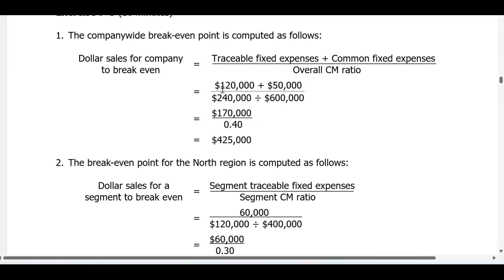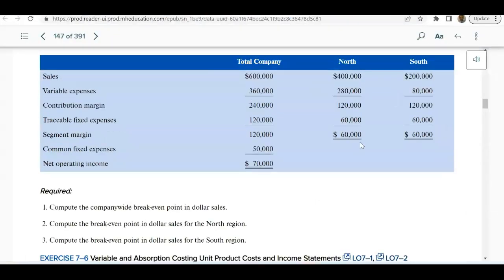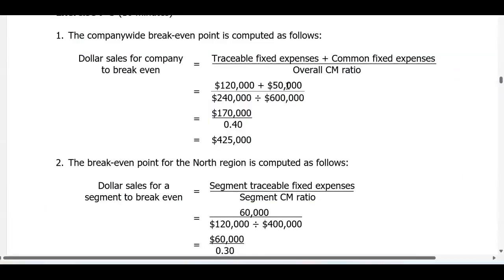Total fixed expenses: 60 plus 60 is 120, traceable fixed expense, plus 50,000 common fixed expense. That gives us total fixed expense of 170. Contribution margin ratio is the overall contribution margin ratio.